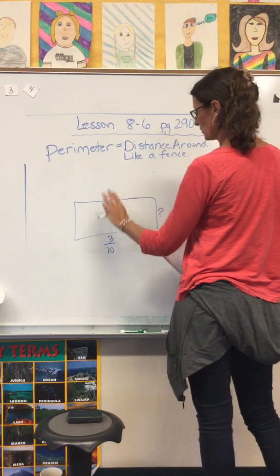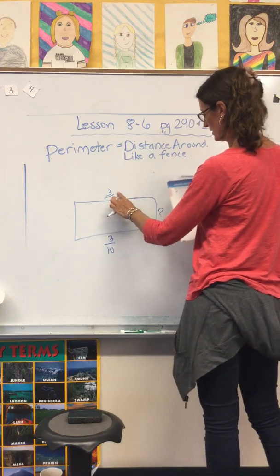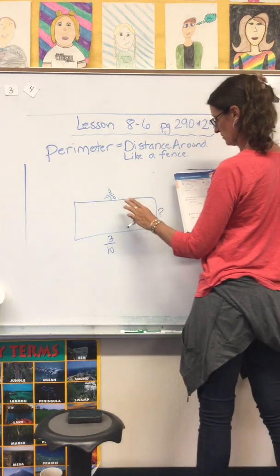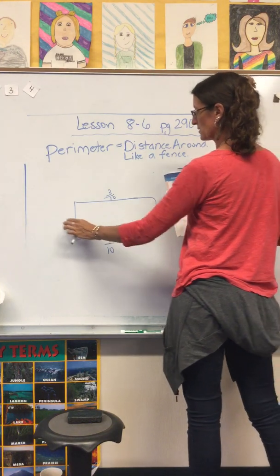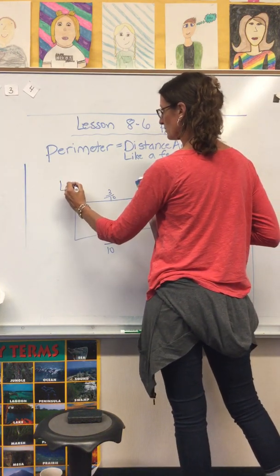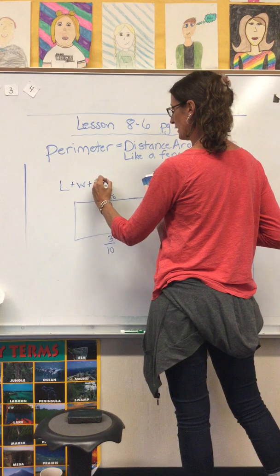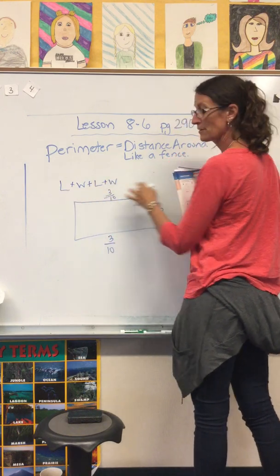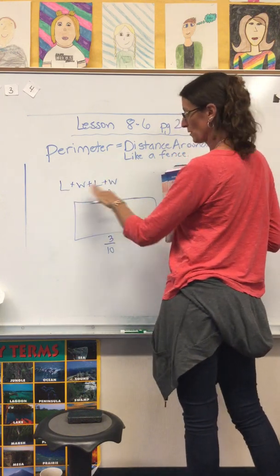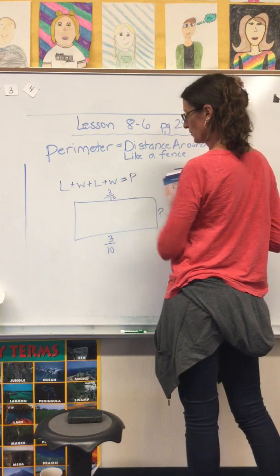So if the total is length plus width and length plus width, that's another formula we could use to find the perimeter.